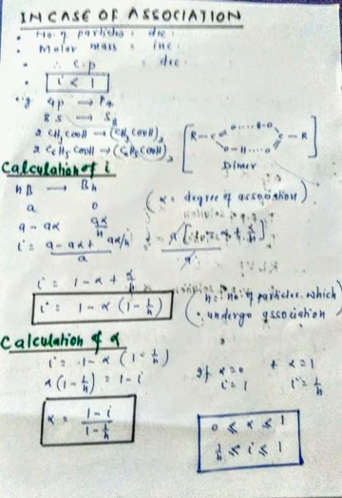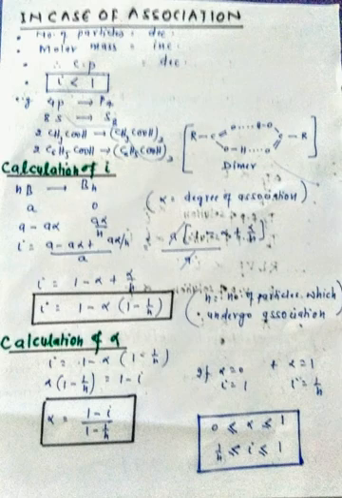Now calculate the van't Hoff factor value. This is the number of particles after association upon number of particles before association. So this is equal to 1 minus alpha plus alpha upon n. Or it may also be written as i is equal to 1 minus alpha into 1 minus 1 upon n. Here n is the number of particles which undergo association.